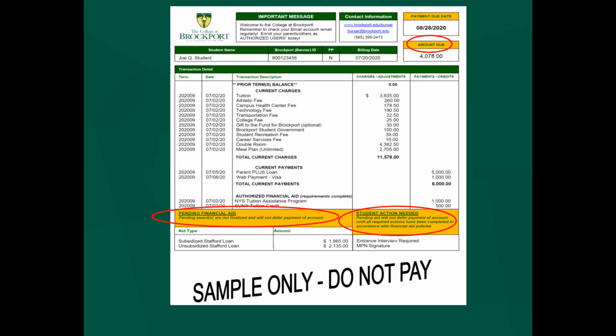The action required is also listed here as a required entrance interview and MPN signature, which are actions that the student can look up in Web Banner and also find guidance on how to complete them. So we know that once this action is taken, the amount due will look very different.